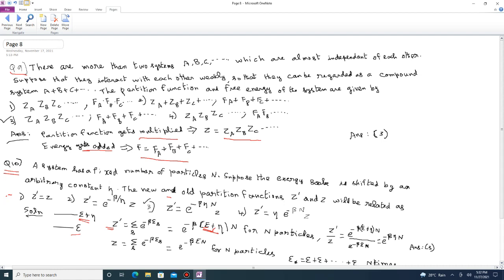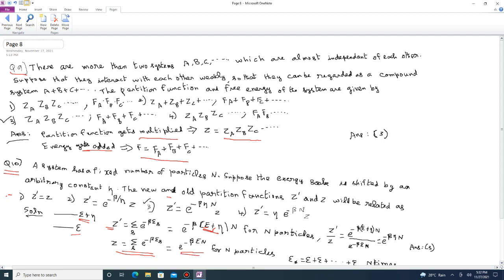Then Z is equal to the summation over s of e power minus beta E_s. Here the energy is E. So the new system has energy E plus eta, and the old system has energy E. So Z is equal to e power minus beta E times n for n particles.